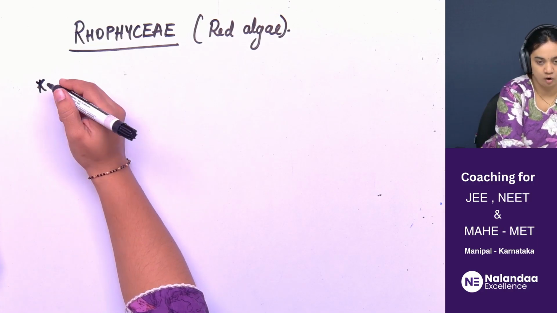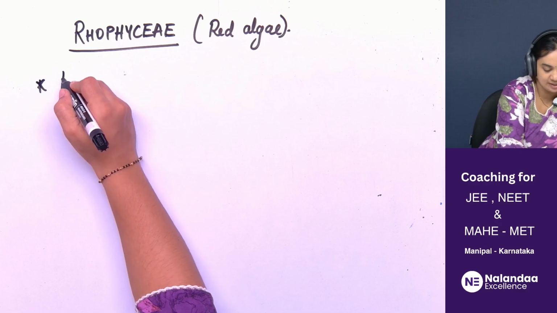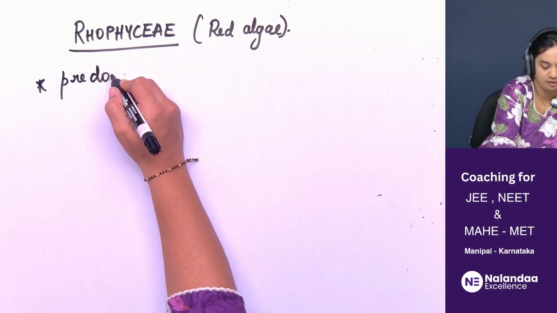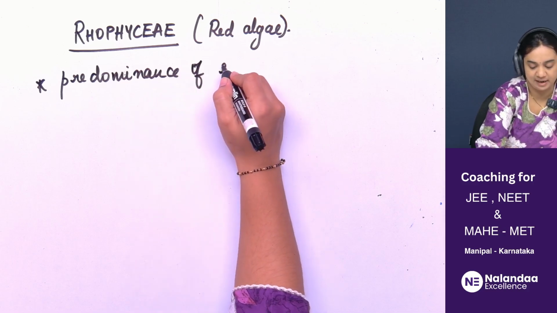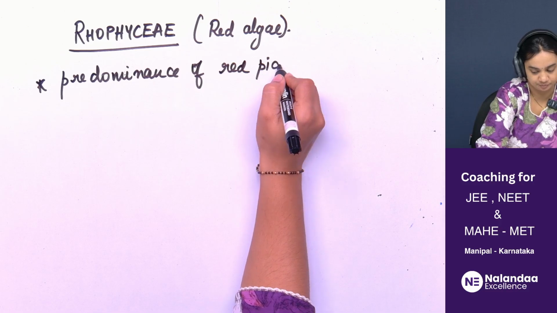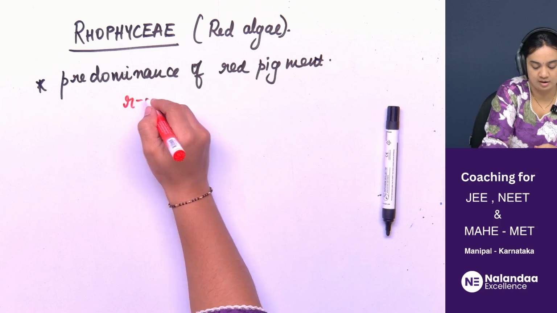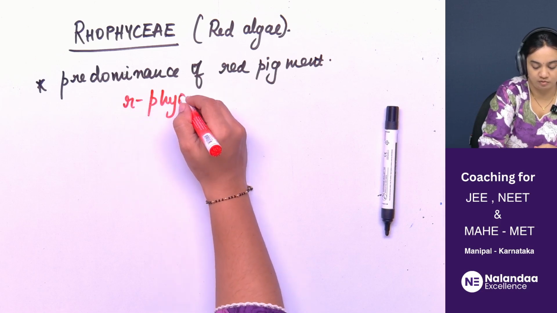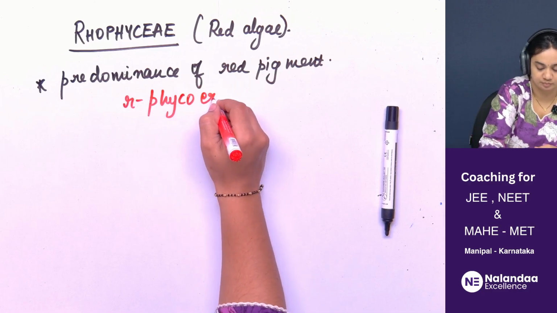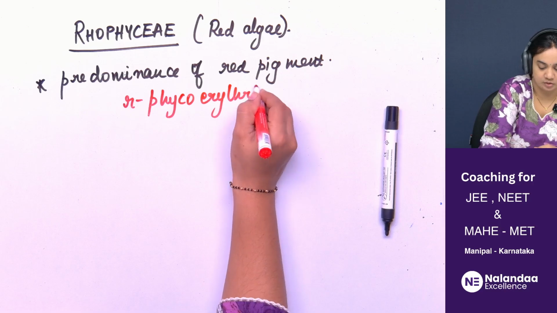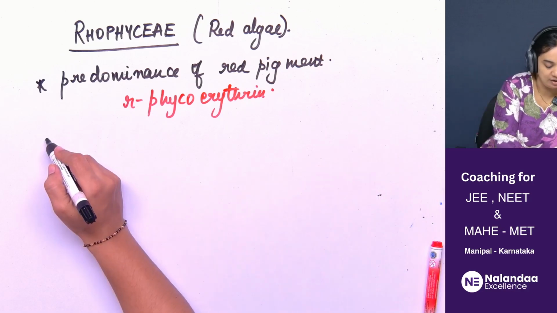Now they are commonly called so because of the characteristic red color that it produces where it is present, because it has the predominance of the red pigment, which is R-phycoerythrin. So the characteristic red color is because of the predominance of the pigment R-phycoerythrin.